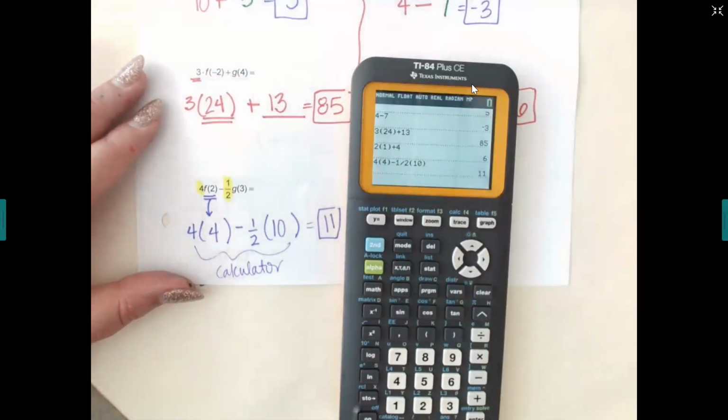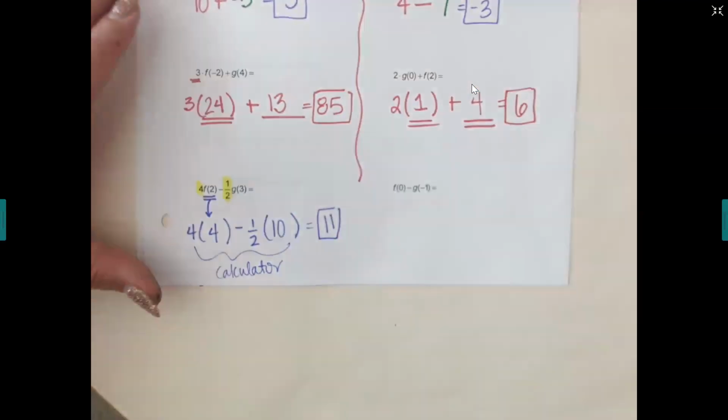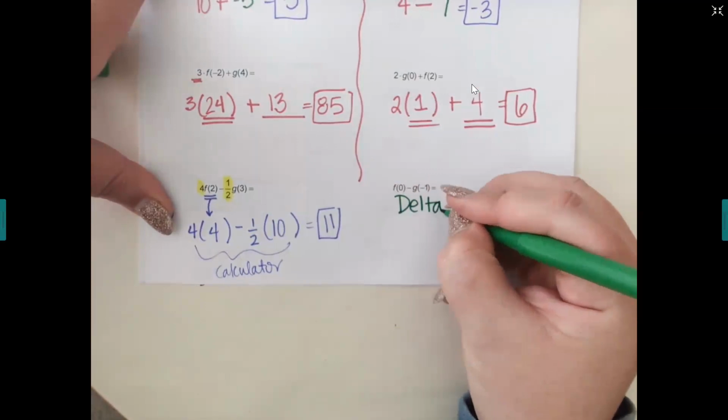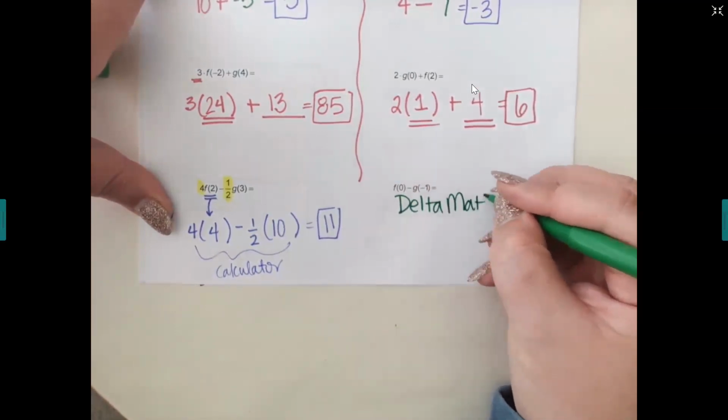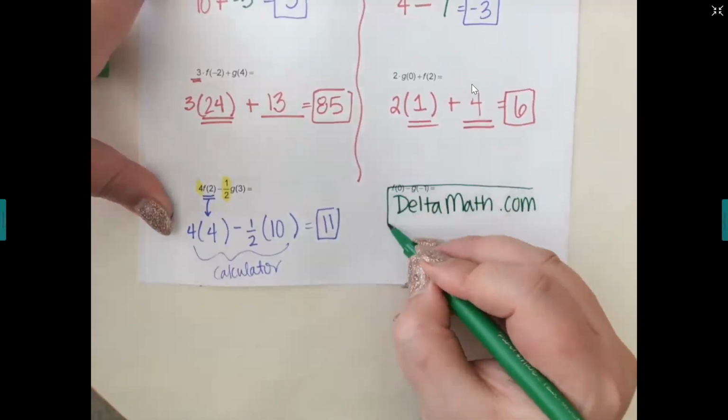All right, so open up your computer after we do our first homework question together. Okay, open up your computers and remember all of your practice is on deltamath.com. Okay, deltamath.com. So open up your computers, please.